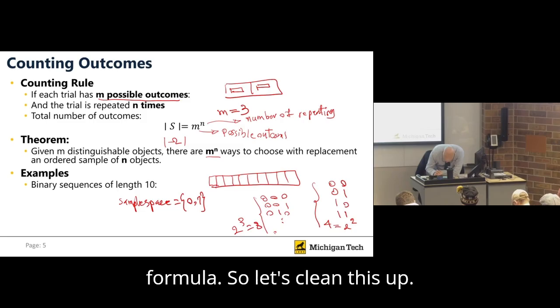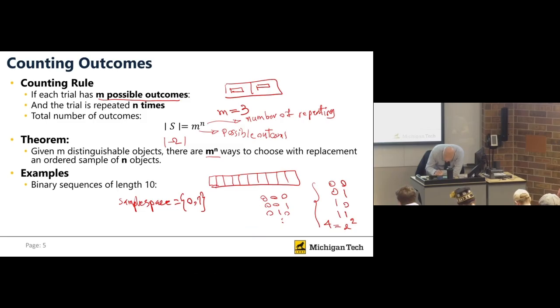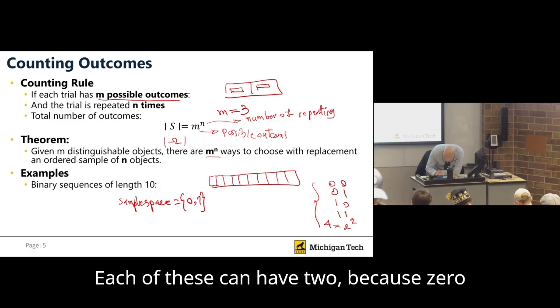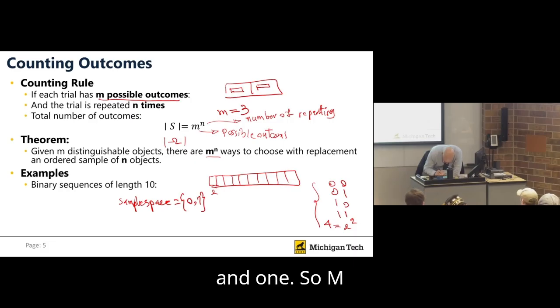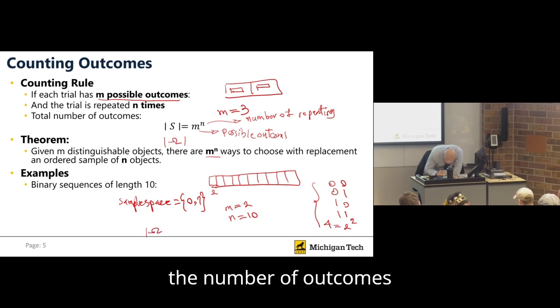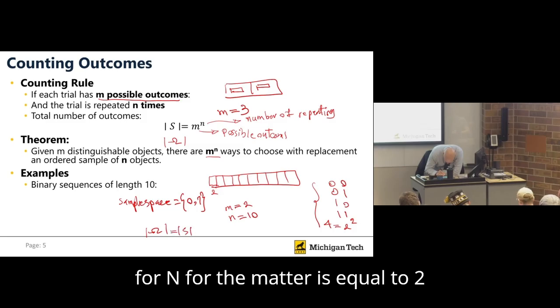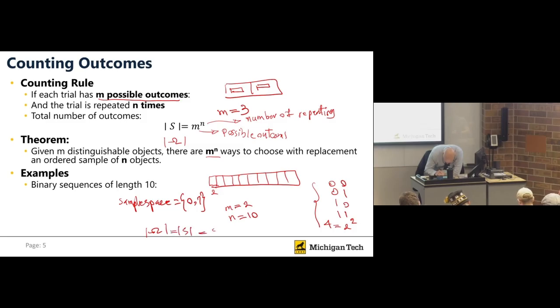So let's clean this up. Because each of these can have 2 values, 0 and 1, m is 2 and n is 10. So the number of outcomes, or S for that matter, is equal to 2 to the power 10.